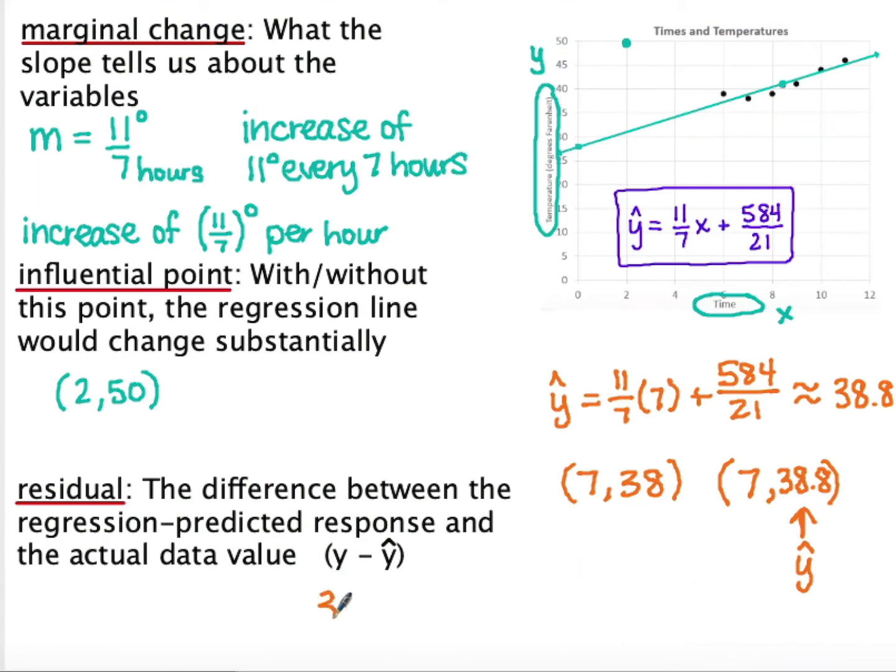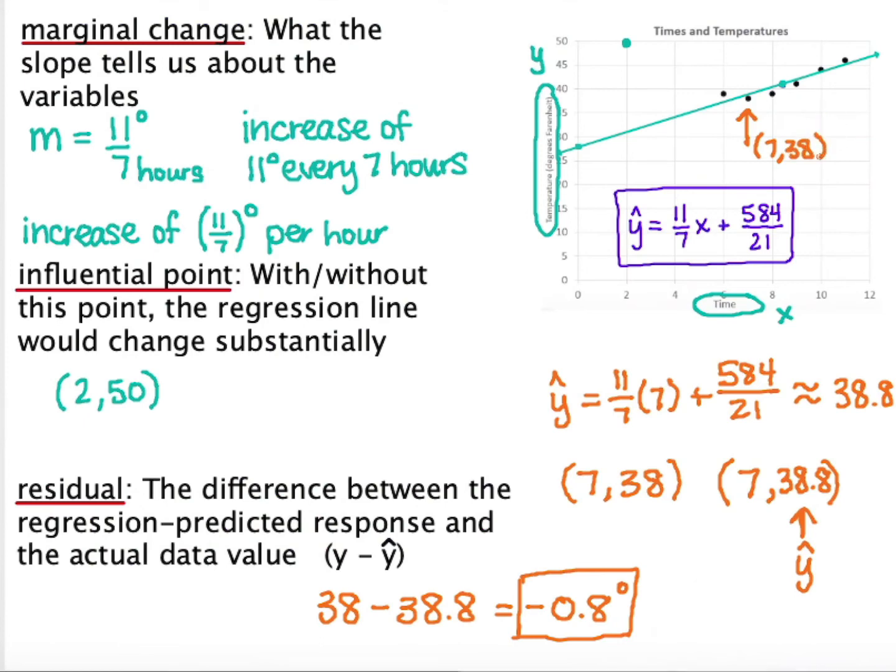So the residual is just the difference between that actual y value and our predicted y value. So in this case, the residual would be negative 0.8 degrees, which actually means that the predicted value is 0.8 degrees higher than the actual value.